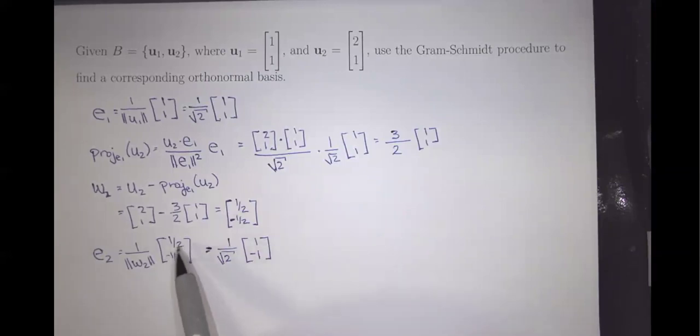Right, so we have a half squared, which is a quarter, plus another quarter. So that's 2 quarters, so a half. So that's root of a half. 1 over root of a half is 1 over root 2.